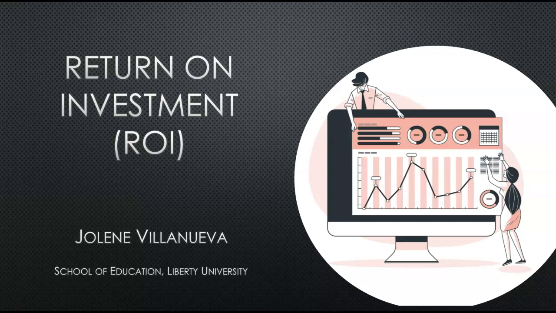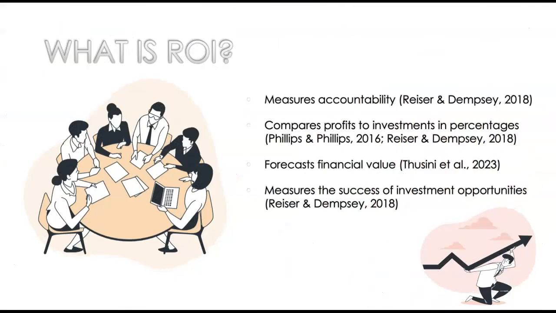The purpose of this presentation is to explain the concept of return on investment, ROI, as it relates to instructional design. According to Razor and Dempsey, 2018, ROI is the supreme measure of accountability. It uses percentages to compare profits to investments (Phillips and Phillips, 2016; Razor and Dempsey, 2018).